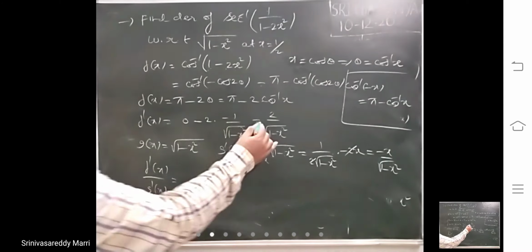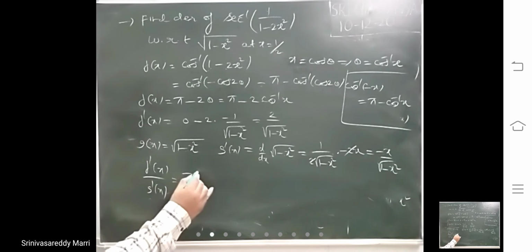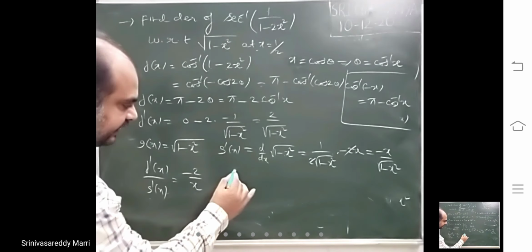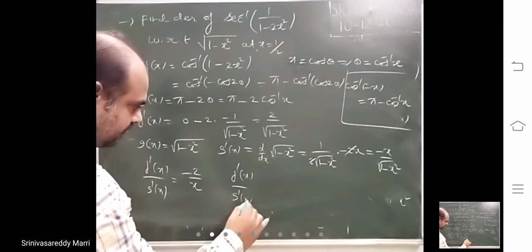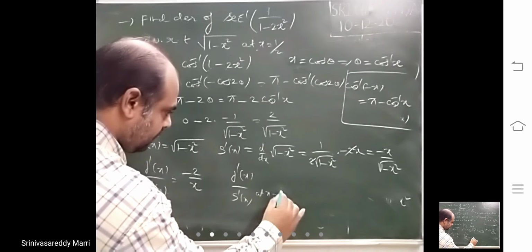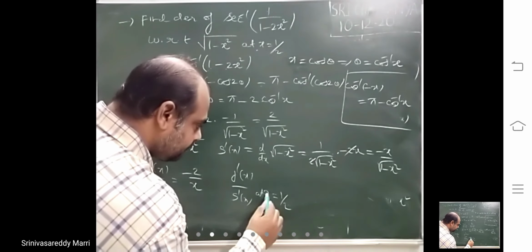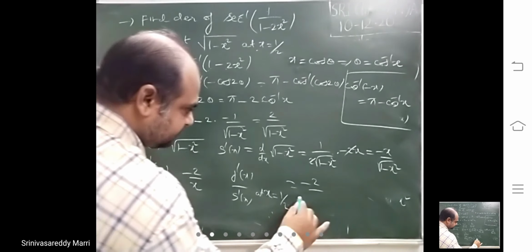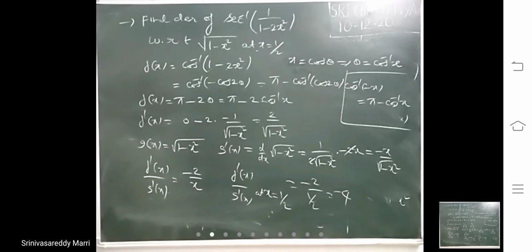If you divide this by this, root of 1 minus x square will get cancelled. Minus 2 by x. Now he is asking at x equal to 1 by 2. Substitute x equal to 1 by 2. That means minus 4 is your required answer.